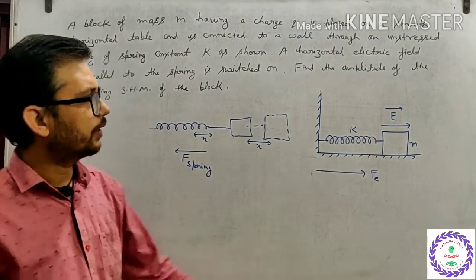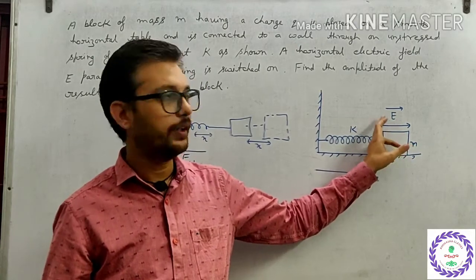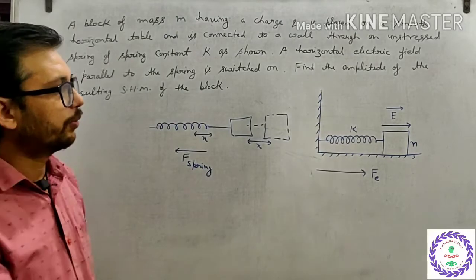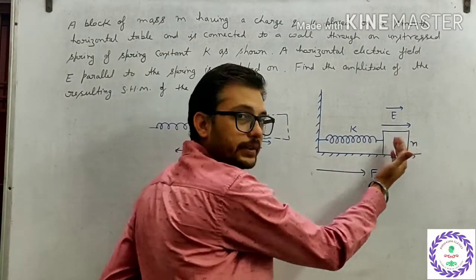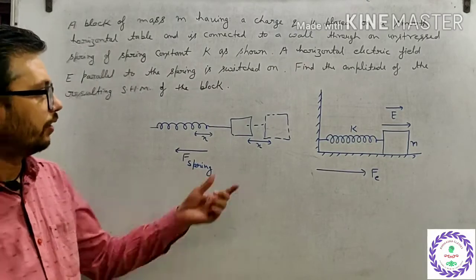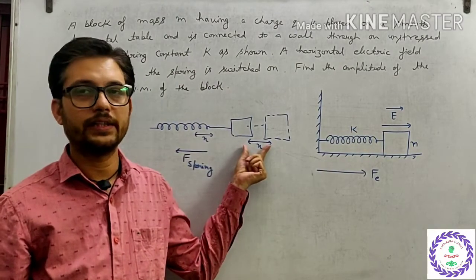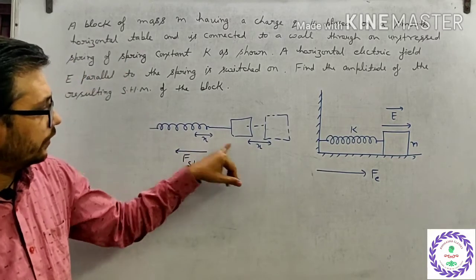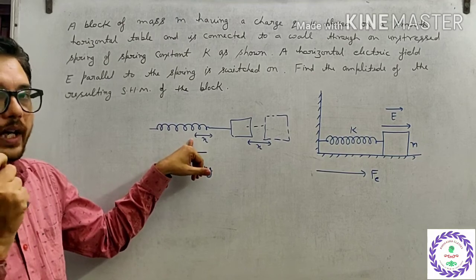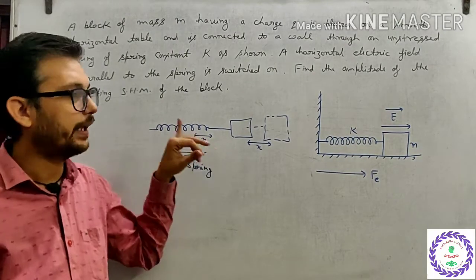Now when the block is under an electric field which is parallel like this, then the block will move slightly to a new position x. Let's suppose the displacement of the block is s, then the spring will also have a displacement, or we can say elongation, that will be x.